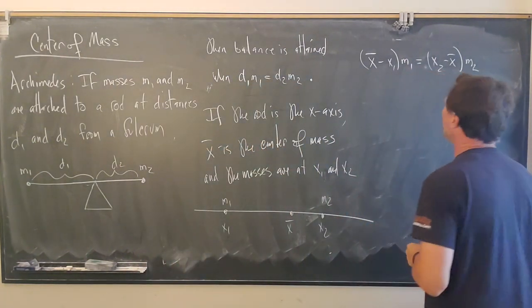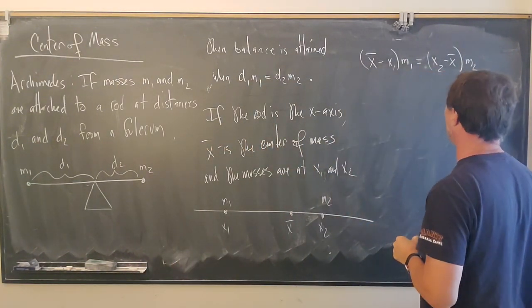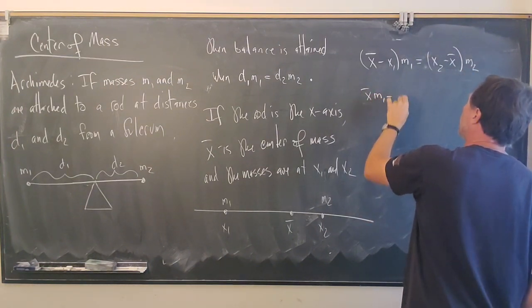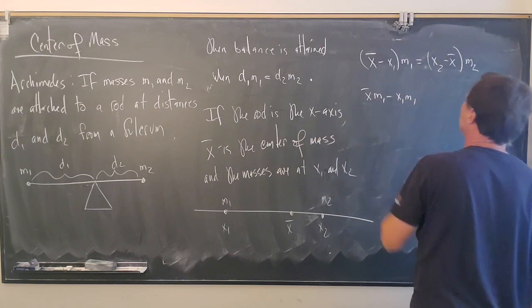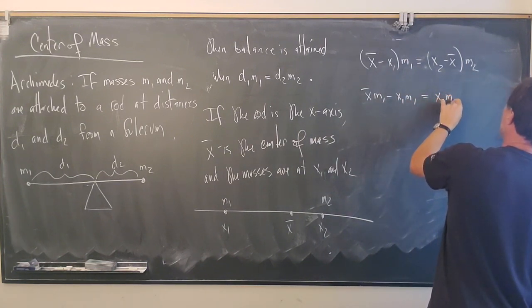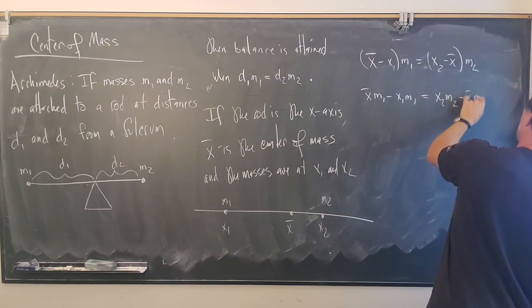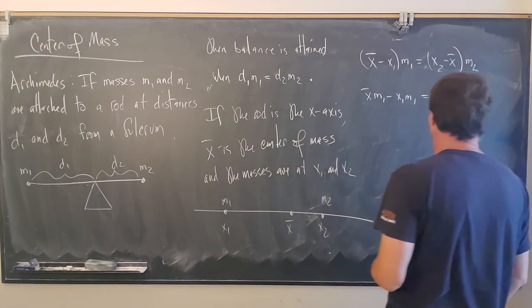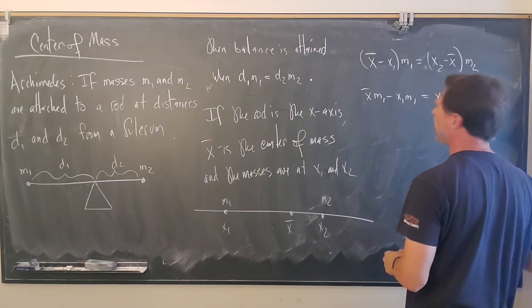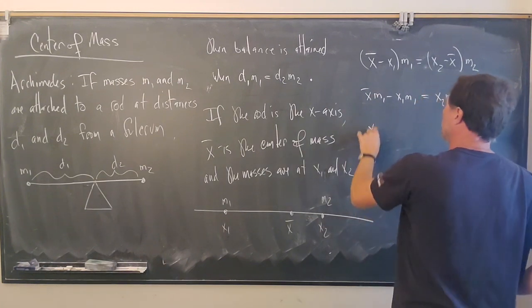So now what I want to do is actually solve for x bar. If we multiply things out, we'll get x bar m1 minus x1 m1 equals x2 m2 minus x bar m2. And then I want all the x bar stuff on the left-hand side.